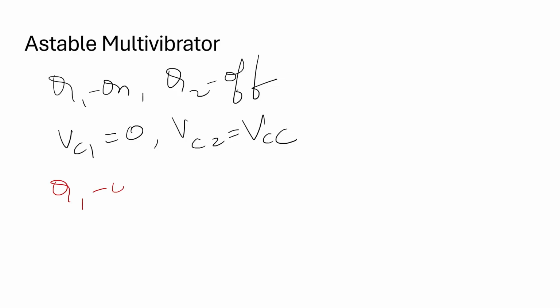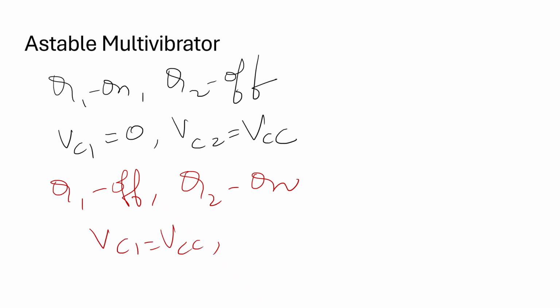When Q1 is off and Q2 is on, VC1 will be equal to VCC, and VC2, the voltage drop across that, will be equal to 0 volt, because C2 is discharging and C1 is charging in this mode.